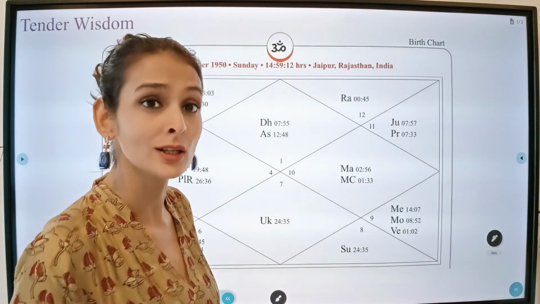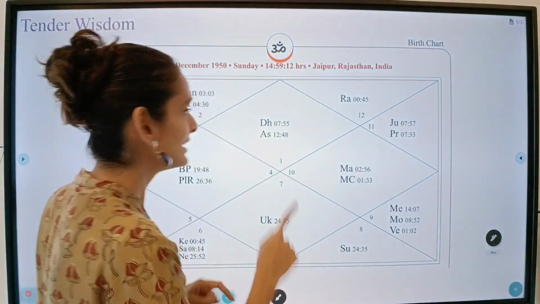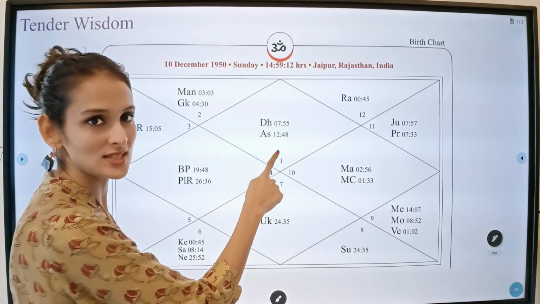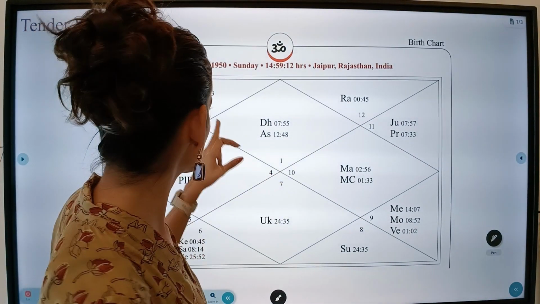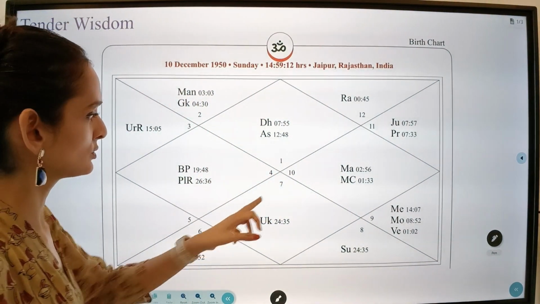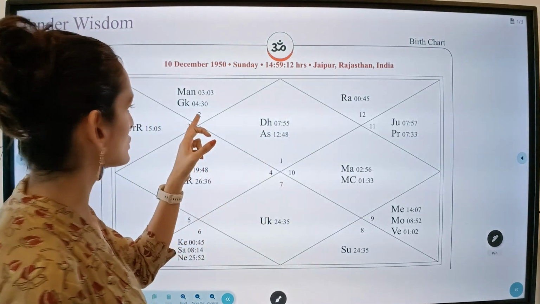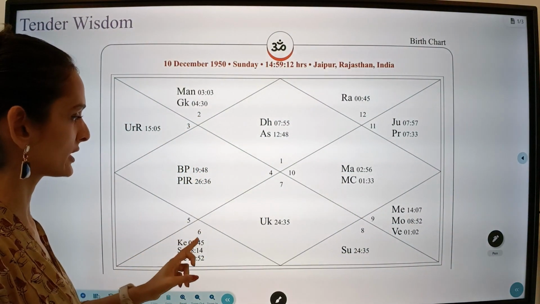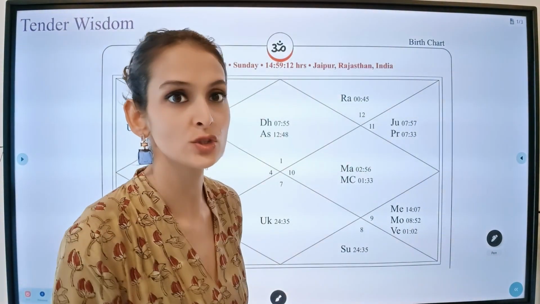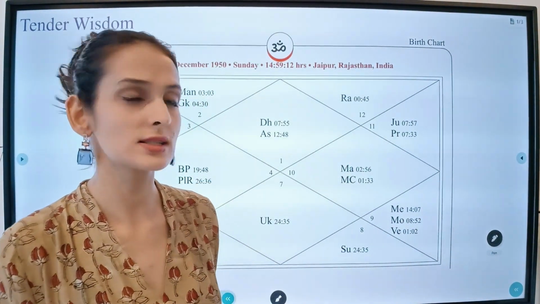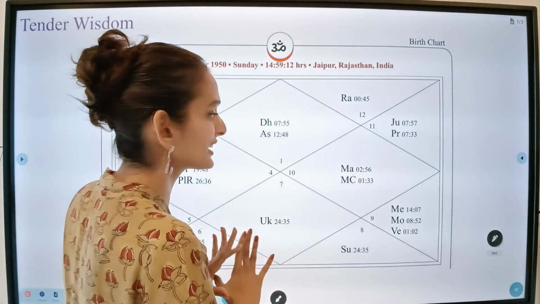We still stick to the same rectangular figure and this box, which is our ascendant. Here there are these numbers written: a 1, a 2, a 3, 4, 5, 6, 7, 8, 9, 10, 11, 12. This is just a random chart to give you an idea.